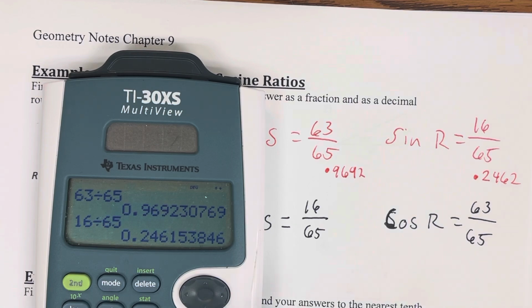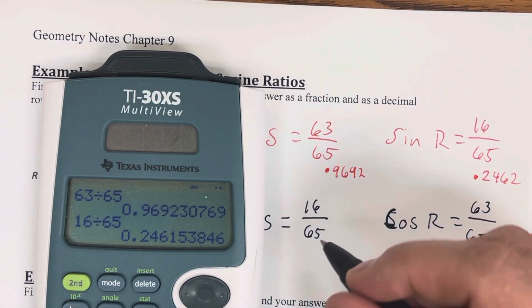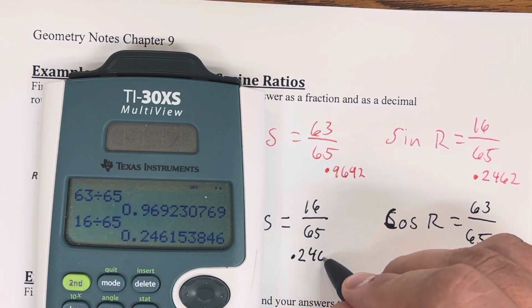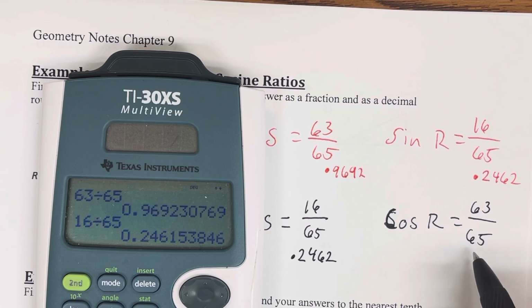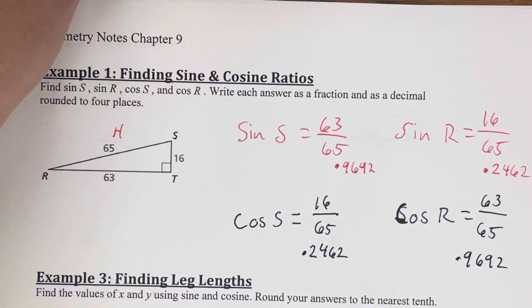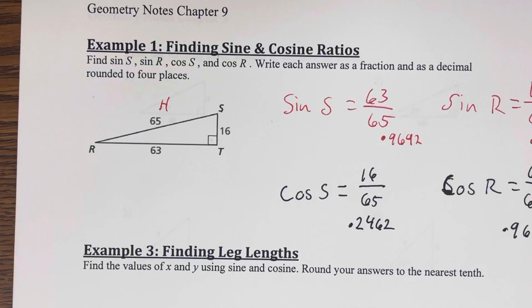All right. And 16 over 65, I just did that. Same thing. 0.2462. And 63 over 65 is 0.9692. So I found them as both the decimal and the fraction. Key is looking from the reference angle.